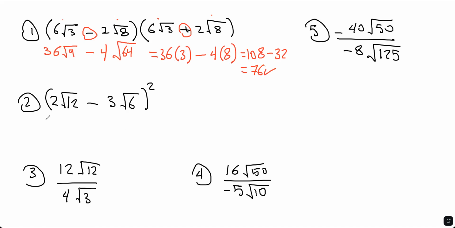How about here? Here, if this is squared, some students get really excited really fast and say, hey, I'm going to square this and I'm going to square this. We say when something is squared, it means that thing is multiplied by itself. So what you have to do here is write 2 root 12 minus 3 root 6 twice and FOIL it, because it's multiplied by itself.